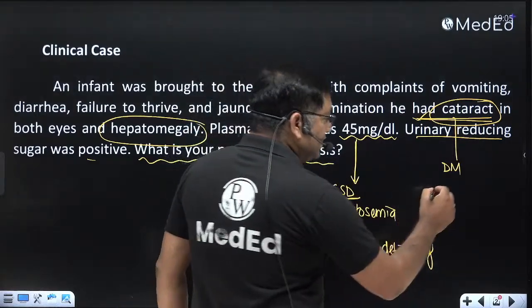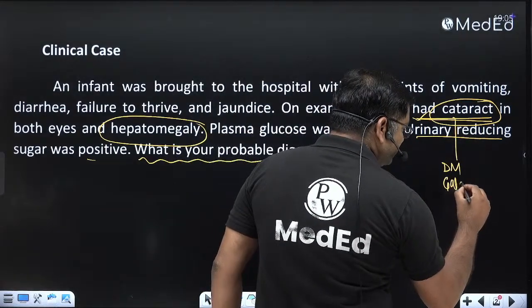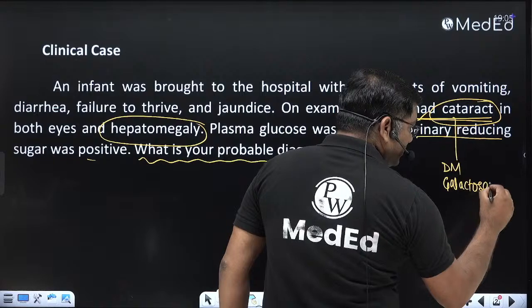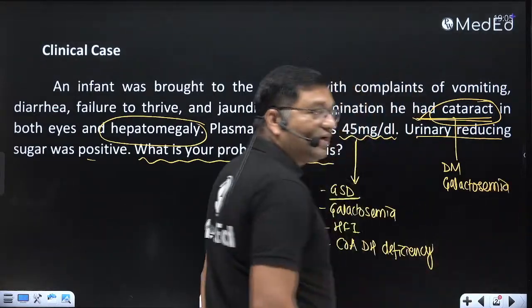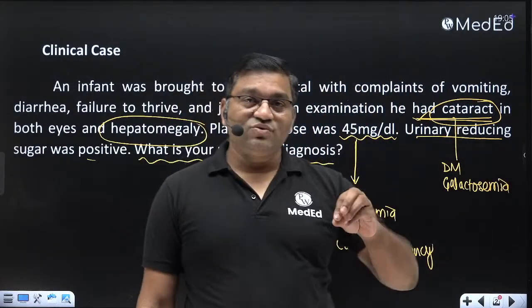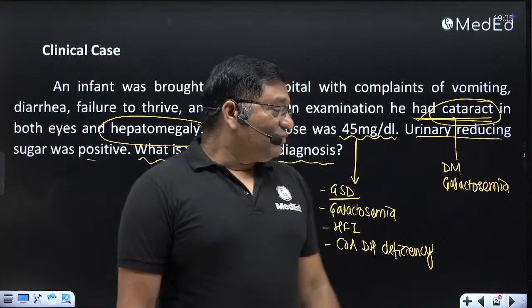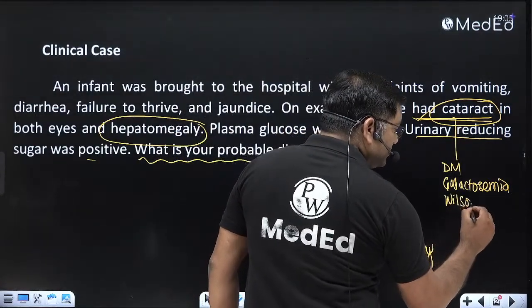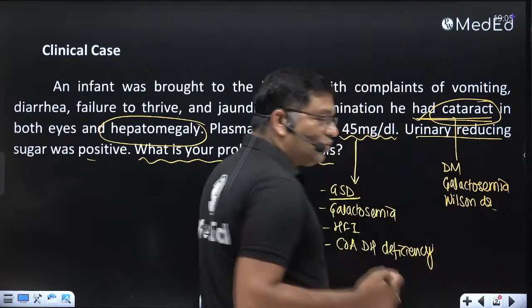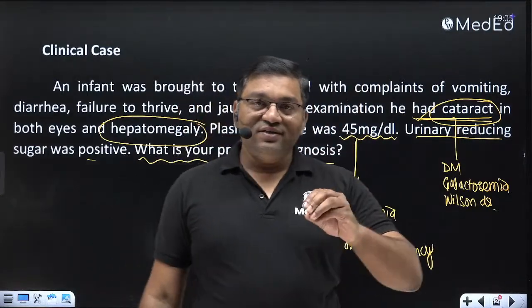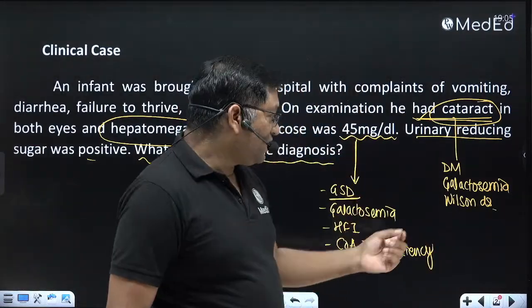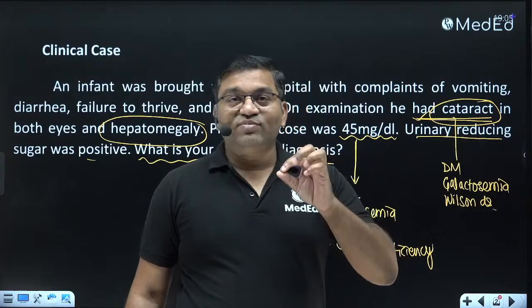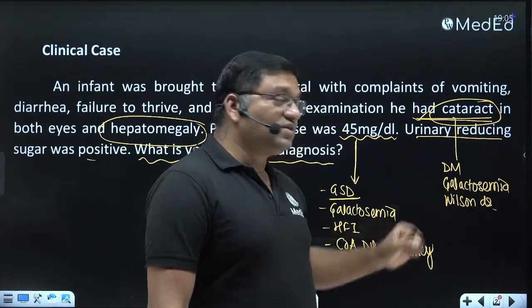Then there is cataract in galactosemia, that is known as oil droplet cataract. Then the third one is Wilson's disease, copper metabolism. There is golden brown discoloration of the ring, known as the KF ring, around the cornea, and there is sunflower shaped cataract in Wilson's disease.